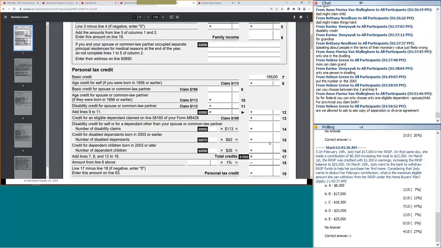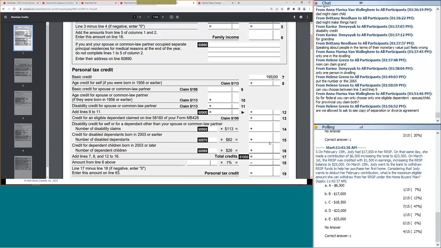If you have shared custody, what the government will do is they'll look at every child that's registered to you. So if you've registered your child for Canada Child Benefit, they'll look at the same children, and they'll look at each family, and they'll calculate what 50% of what you would get based on your claim. So if shared custody, you'll usually get half for each of your kids for climate action incentive in Manitoba.